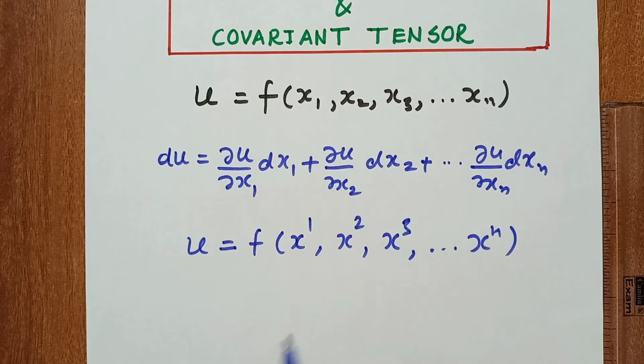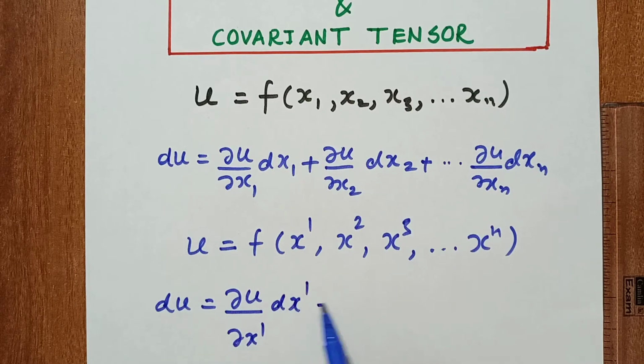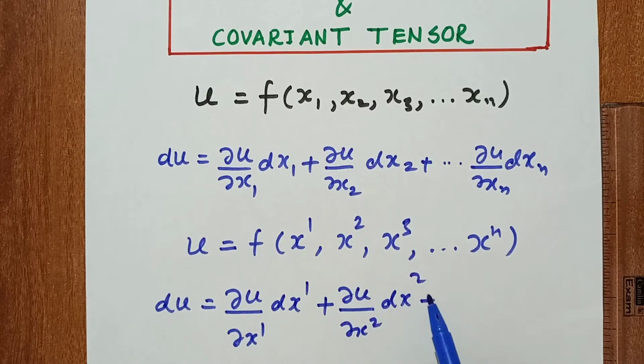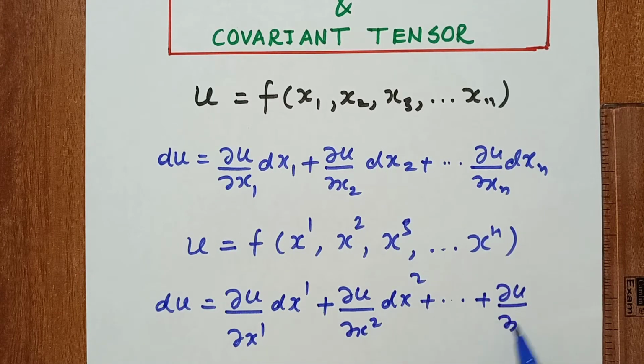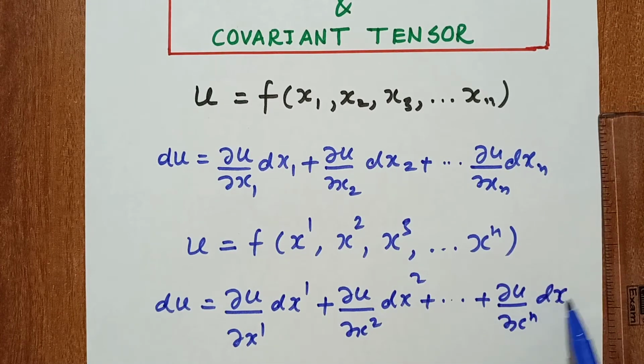In the same fashion we define total differentiation of u. So du is equal to del u upon del x1 dx1 plus del u upon del x2 dx2 plus del u upon del xn dxn.